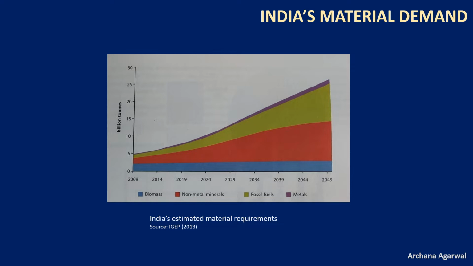According to this study, the continuation of the current population growth and economic trends will result in India's material requirements, especially fossil fuel and non-metallic minerals, to be almost 15 billion ton by 2030 and near 26 billion tons by 2050. In such a scenario, meeting India's resource demand will be a challenge.